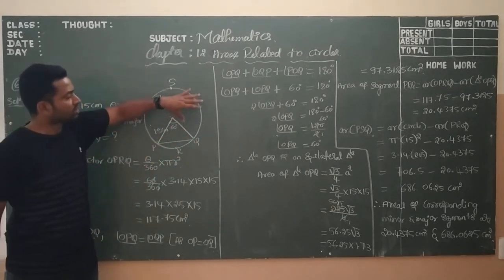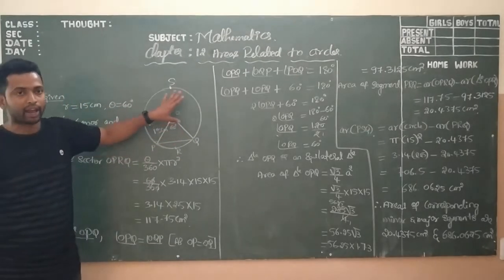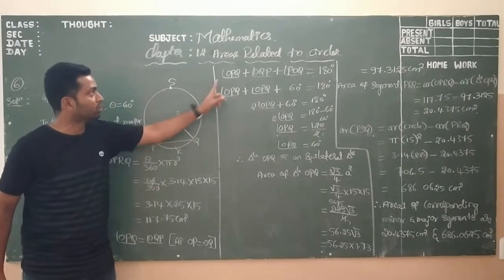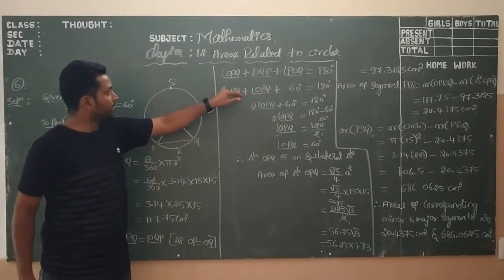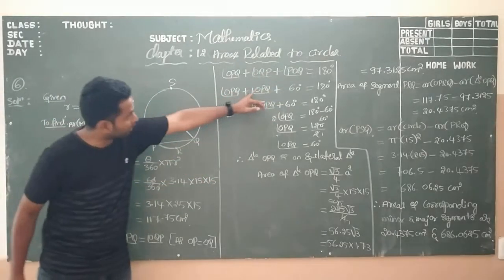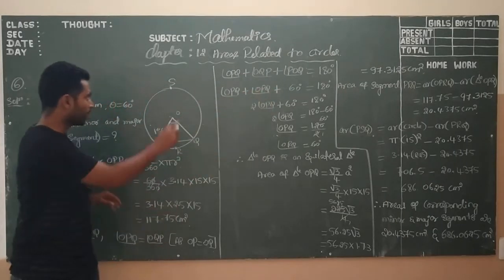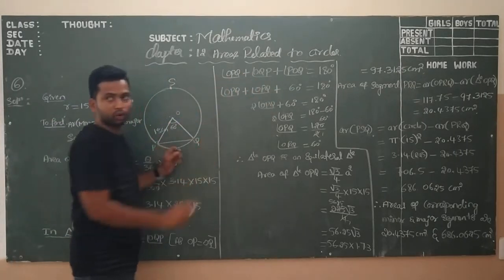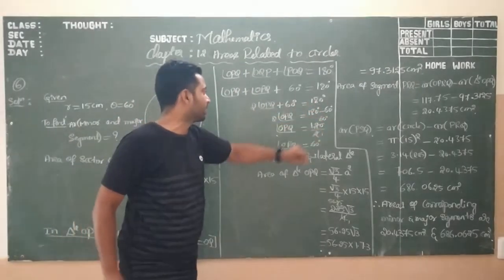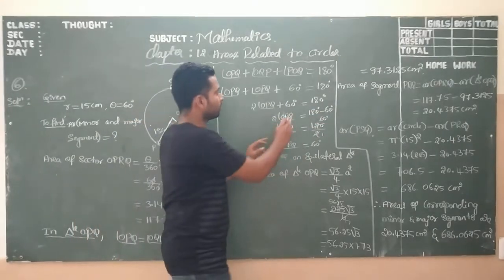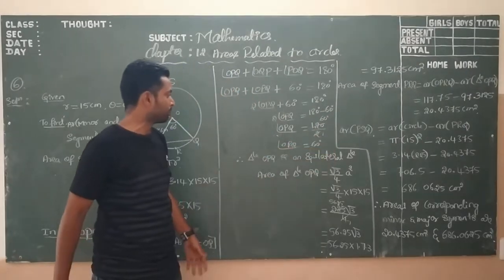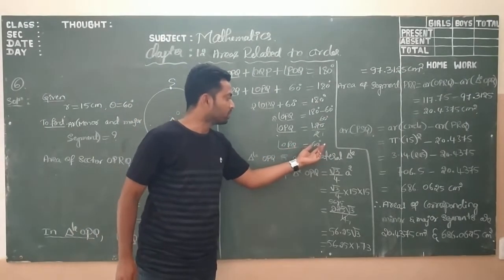The total interior angle of a triangle is 180 degrees. So angle O plus angle P plus angle Q equals 180 degrees. Writing OQP as OPQ, 2 times angle OPQ plus 60 degrees equals 180 degrees. By transposing, 2 OPQ equals 180 minus 60, which is 120 degrees. The angle OPQ equals 60 degrees.